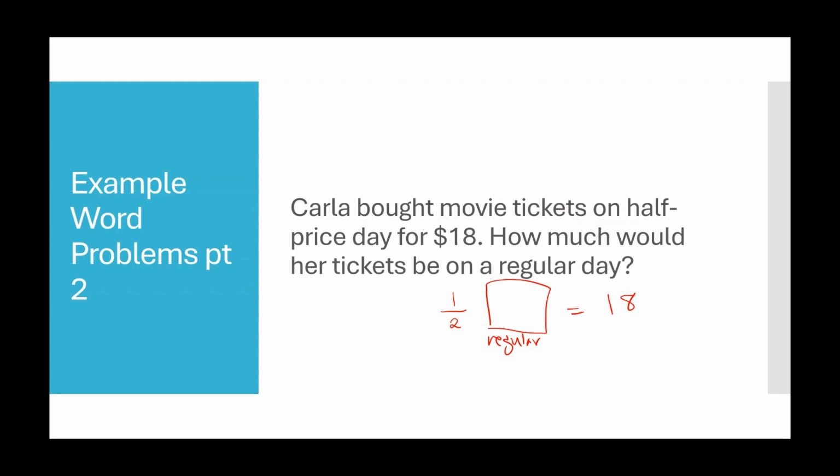We could divide both sides by 1/2, or to cancel out 1/2, we can just multiply by 2, because 2 and 1/2 cancel to be just 1. So regular price is going to be 18 times 2. It's going to be $36 on the regular price date. Maybe you used X for that, or maybe you didn't even have to write out an equation and you just knew this one in your head.